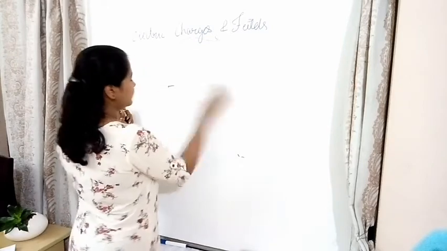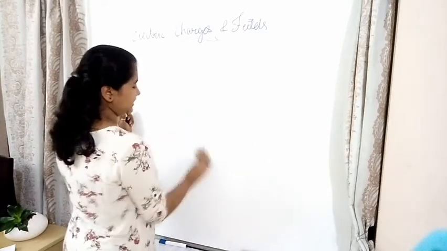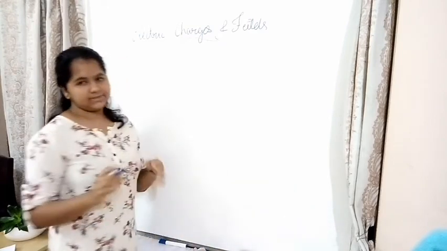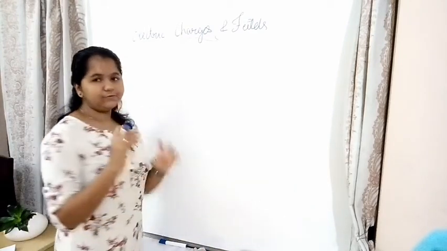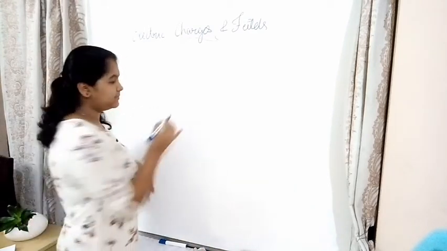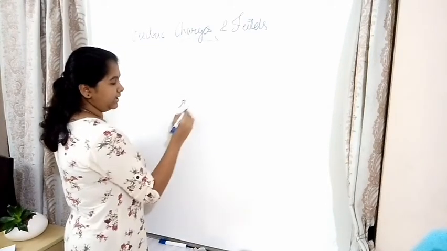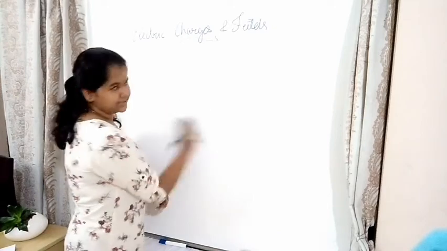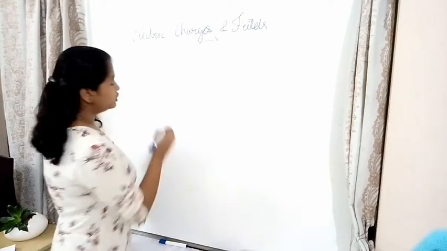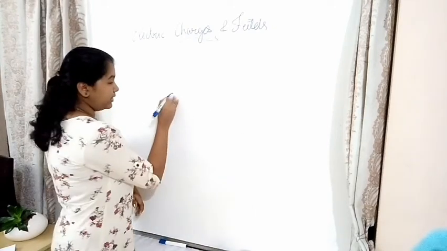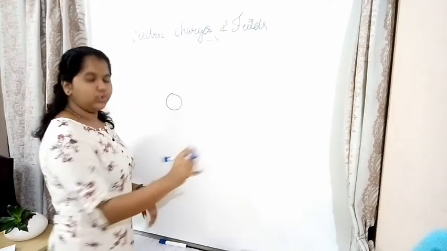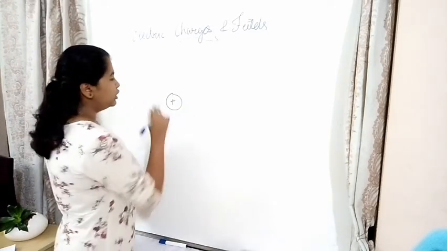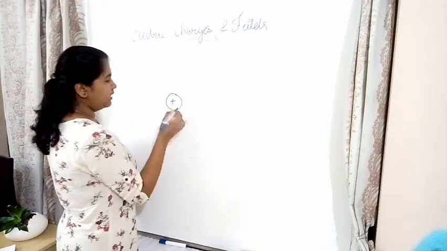Now we have to learn about the charge, how the direction is, etc. The representation of field lines of a charge is always by arrows and lines. So let's see how it is for a positive charge and a negative charge. First we will take the case of a test charge, the same test charge over here. Let it be plus q. If the charge is positive, then what happens?